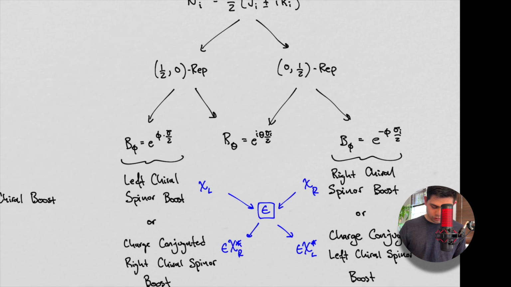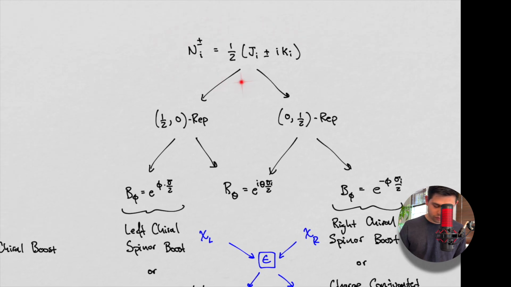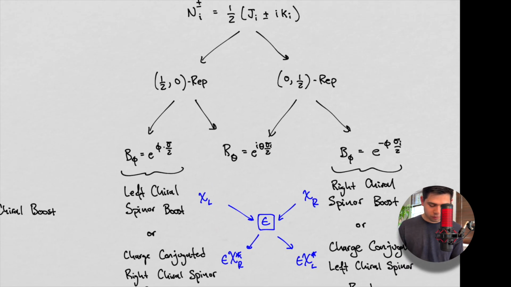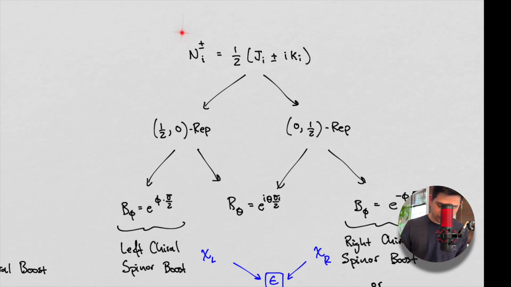And so I have this map. I'm not going to really get into the helpful part yet, but I just want to reiterate, this is the map we're building up on. We start with our space-time Lorentz transformations. We break these down into a 1/2 0 representation and a 0 1/2 representation.